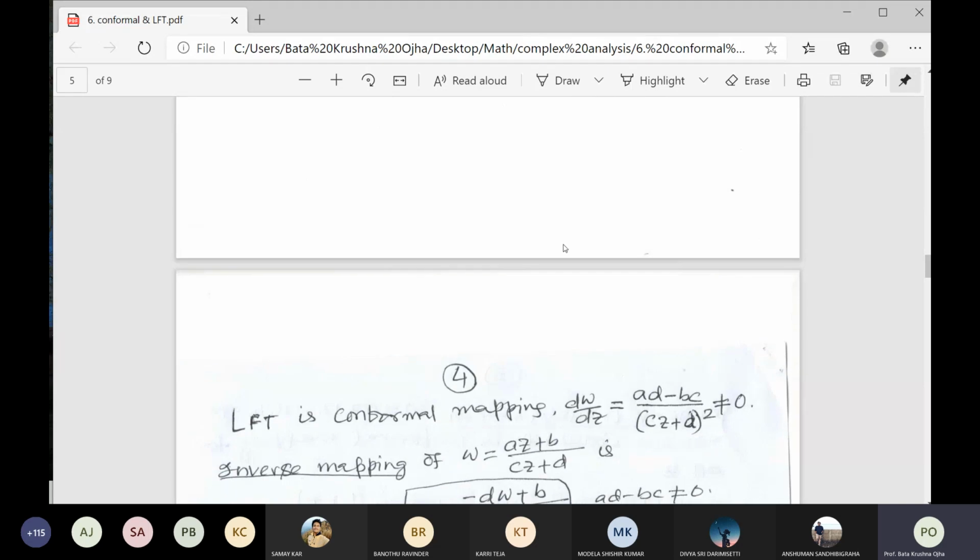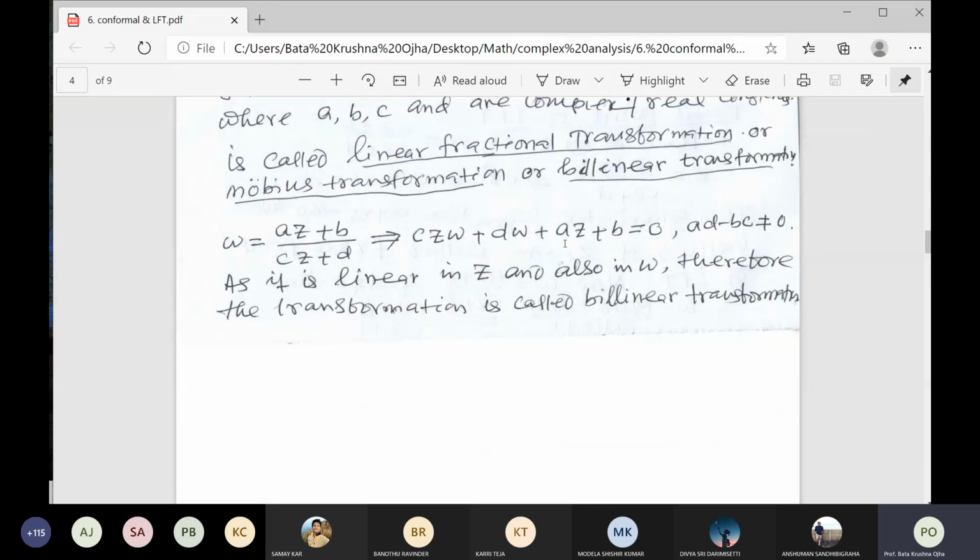That is called bilinear. Sir, that should be minus az minus b, the equation. czw plus dz. Right. Yes, it is right.